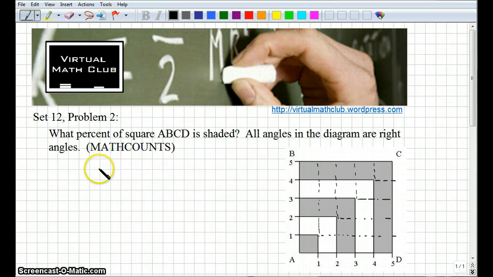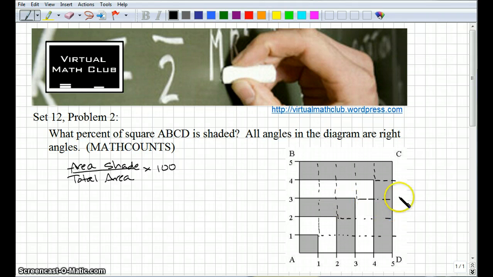Because the percent of the square that's shaded would just be the area shaded over the total area, right? And that's going to give you some fraction, and you want to find out how many out of 100, so we multiply by 100 to get the percent. Okay, so let's work that out.